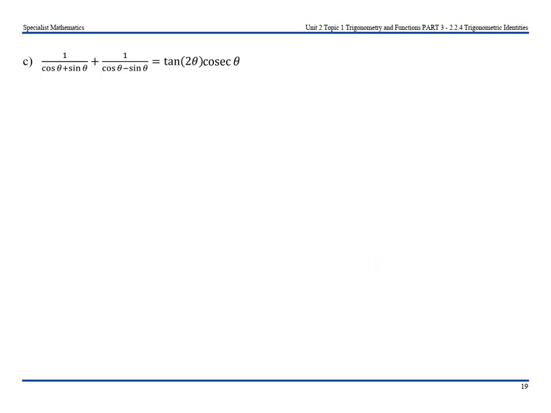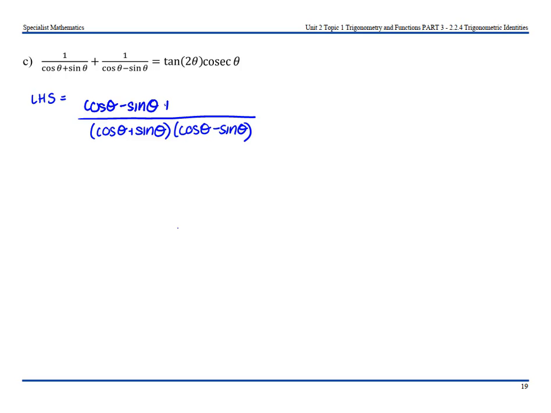Okay, let's look at this one, and we're definitely going to start at the left-hand side because that's more complicated, and we're going to get that common denominator. So cos theta plus sine theta, cos theta minus sine theta. So my numerator is going to be cos theta minus sine theta plus cos theta plus sine theta.